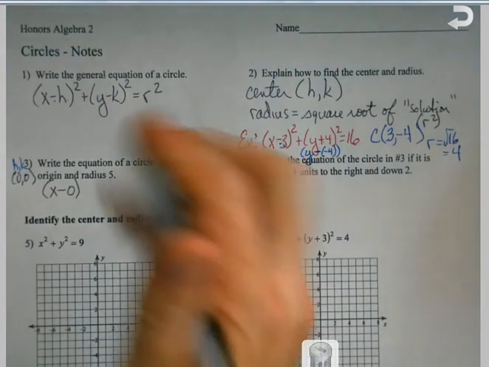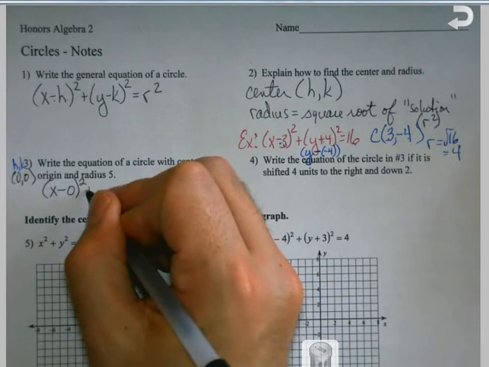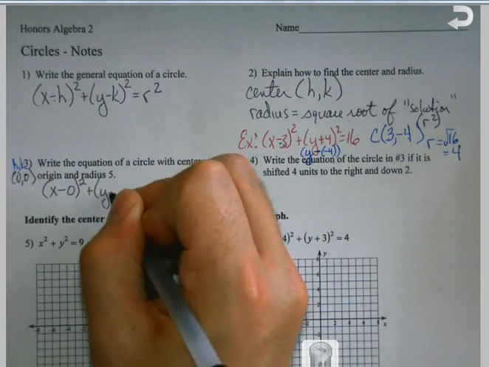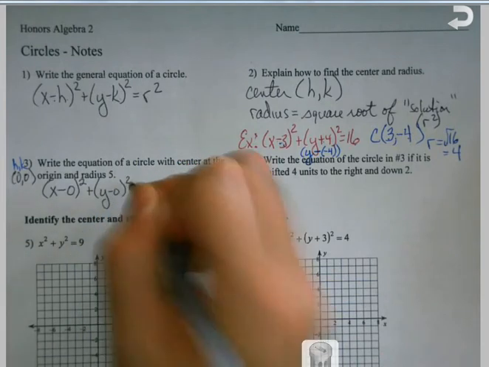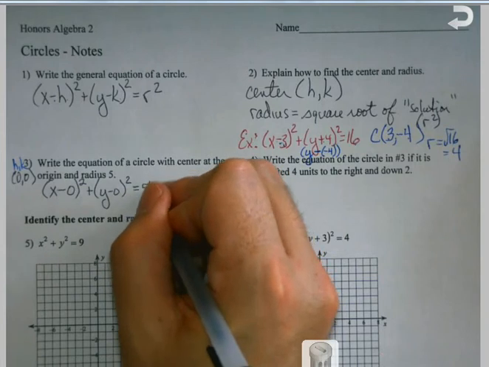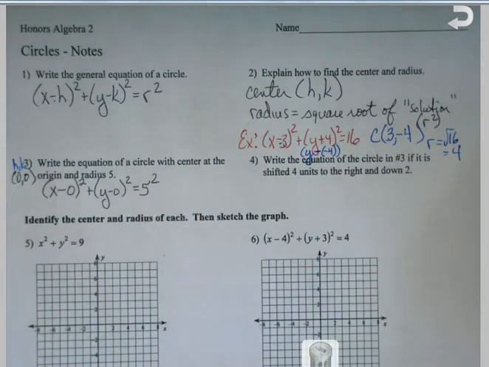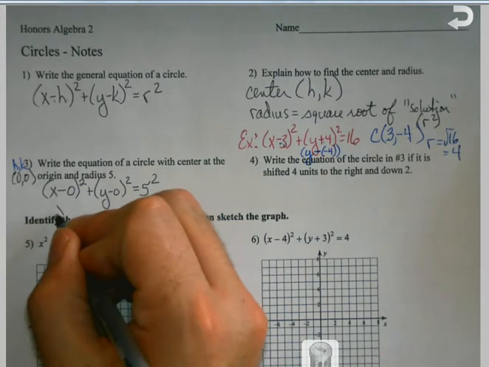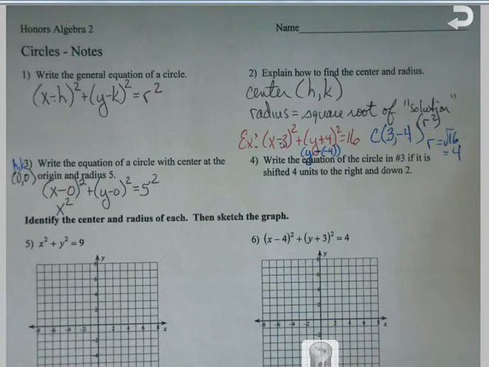So (x minus 0) squared plus (y minus 0) squared equals my radius squared. But I always want to simplify if I can. Well, taking nothing away from x really means I didn't take anything at all. So I'm just going to write that as x squared.